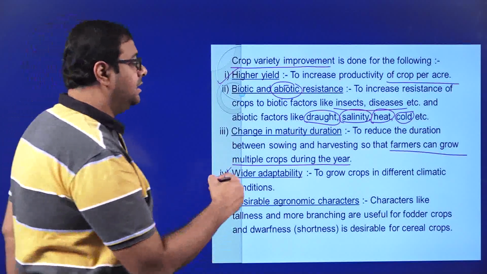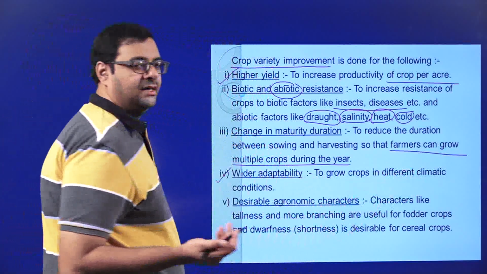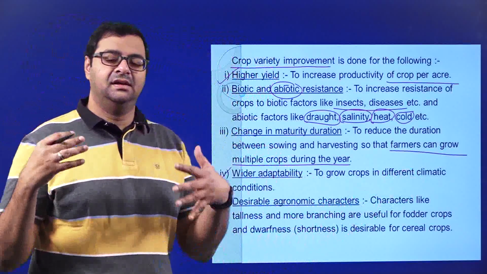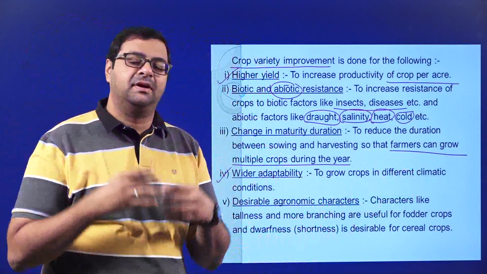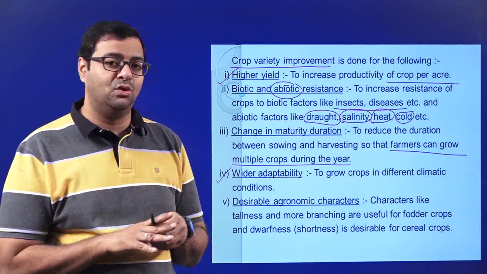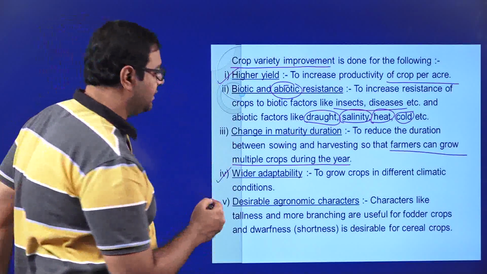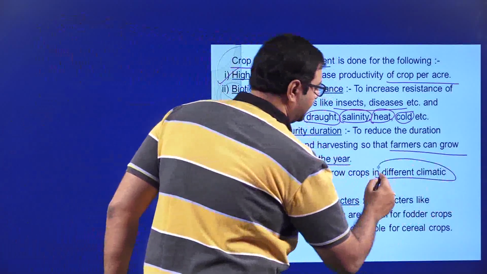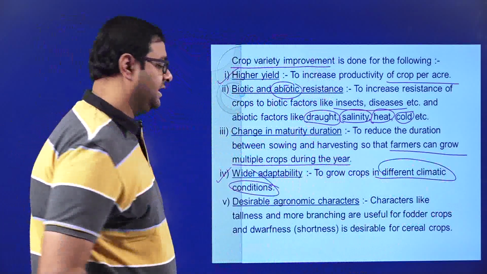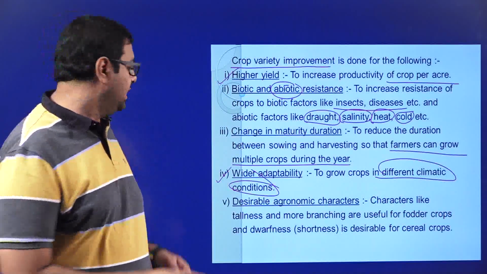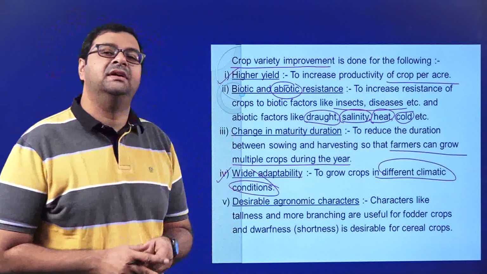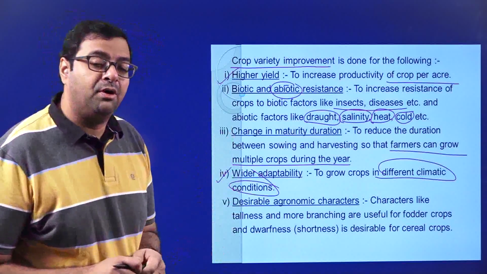That means one particular plant can grow in different climatic conditions, whether the soil is more saline, or the atmosphere is hot or cold. So that is why crop variety improvement is done, and it is very, very important for us.